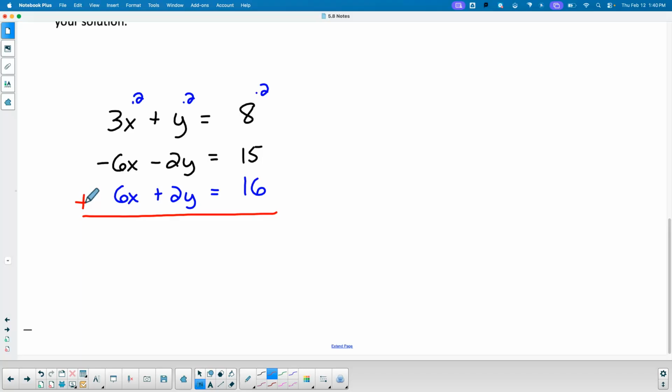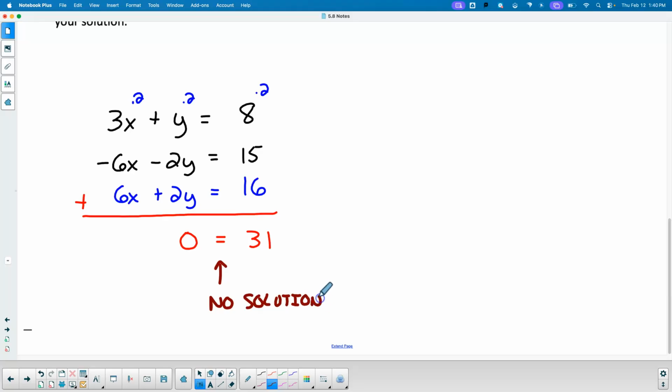So on this side, I get 0, right? What do I get on the other side? 31. So we're adding them, yeah? So now what? Now it's no solution because there's no variables and it's not a true statement. So this one would be no solution.